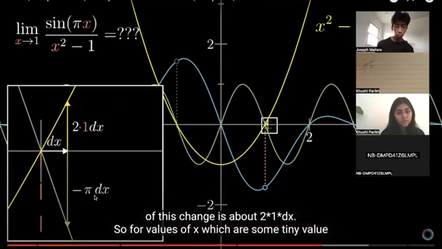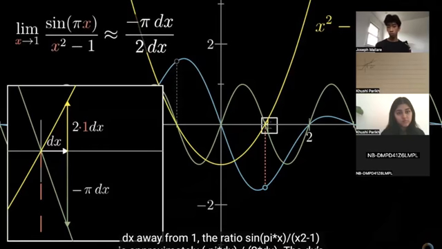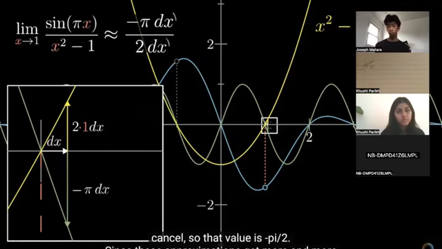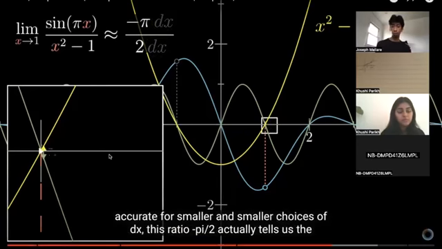What this means is that for values of x which are just a tiny nudge dx away from 1, the ratio, sine of pi x divided by x squared minus 1, is approximately negative pi times dx divided by 2 times dx. The dx's here cancel out, so what's left is negative pi over 2. And importantly, those approximations get more and more accurate for smaller and smaller nudges.